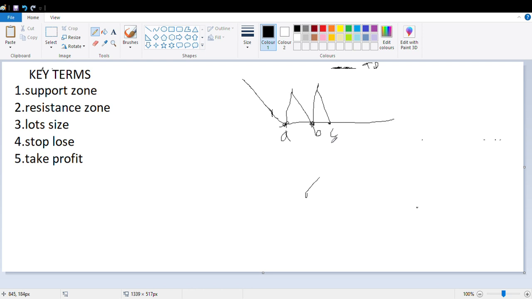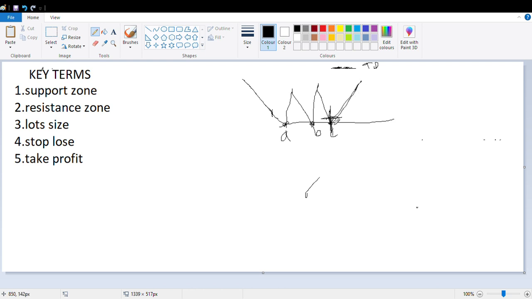Then you wait for a candlestick confirmation. Let's say you saw a dragonfly or a hammer. That has given you a confirmation that you can now enter the market for a buy.